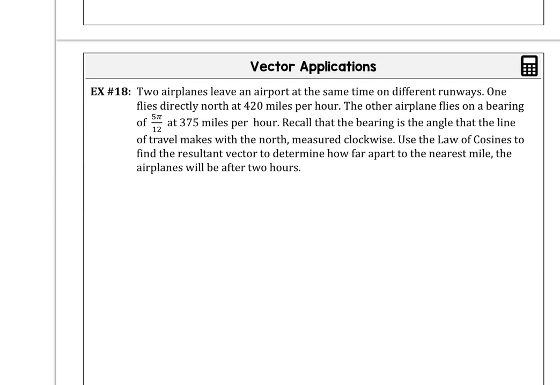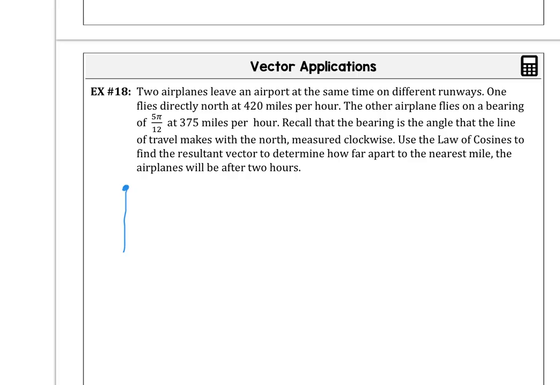So let's say we have 2 airplanes that leave an airport at the same time on different runways, and one of them flies directly north, flying due north at 420 miles per hour.